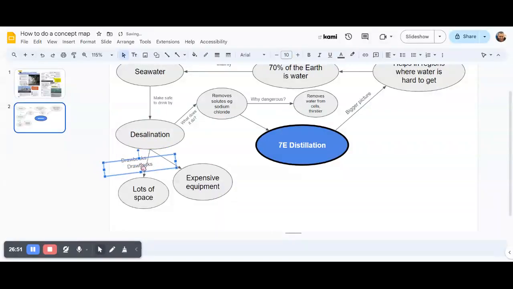To save myself a bit of time, one way to do it. There we go. So I can now have my original central theme linked to the map as it has been produced. I'm just going to fit it in. One way to do it is distillation.